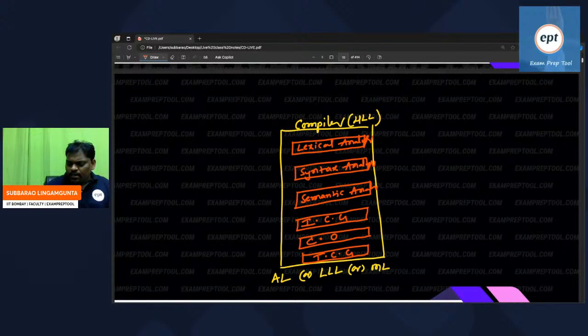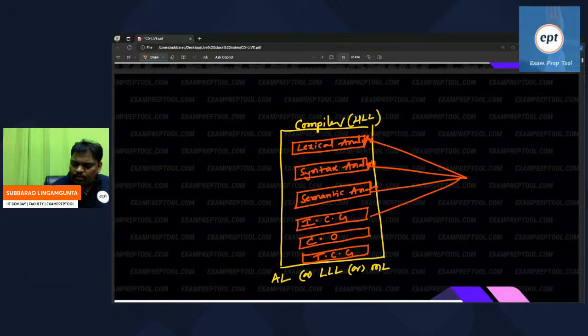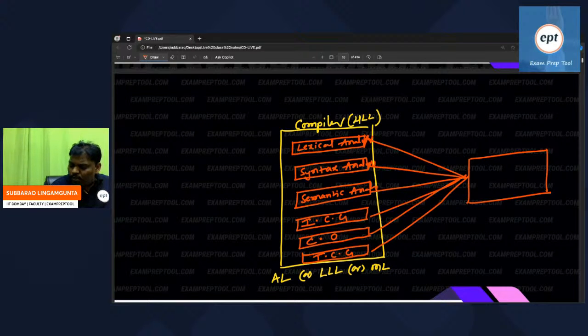Some people ask, sir, whenever this big program is running, if I want to store something, where will I store it? At any point of time while these are running, if you want to store anything, I think some global space is there. That space is called the symbol table. While the program is running, I want to note down something, so where do I note it down? In the symbol table.